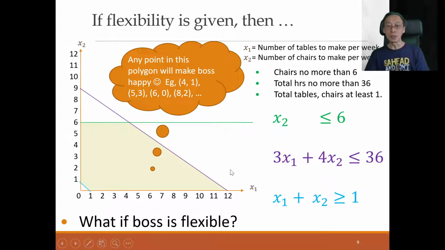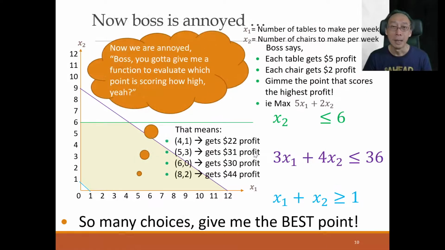So once it's flexible, then we can have solutions. But there's another problem. There are so many choices.